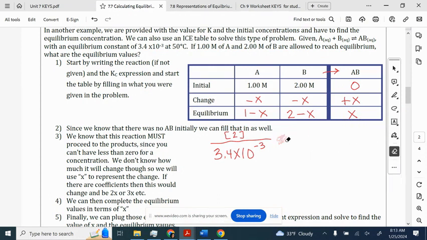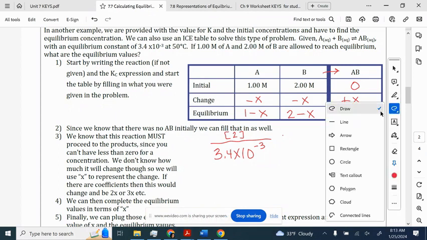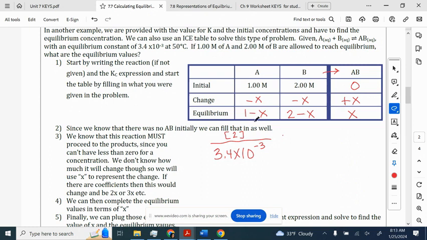Every day, it's just a struggle, you guys. Every day. All right. If that is greater than 100, then you can ignore the X.